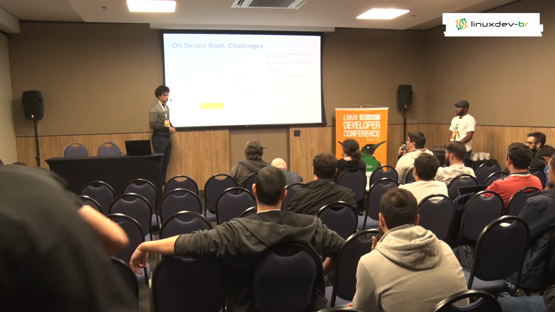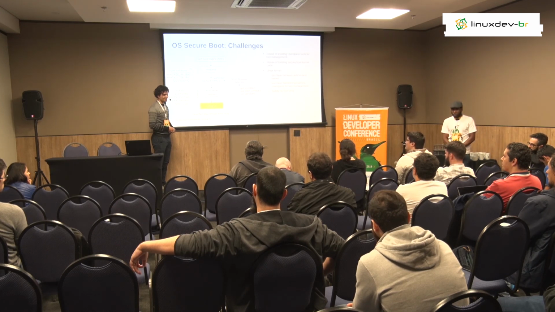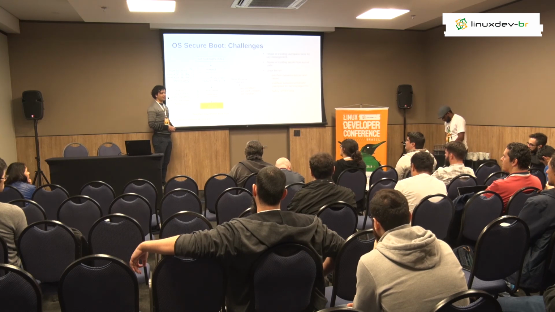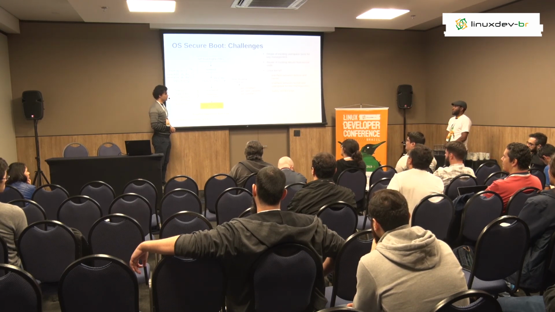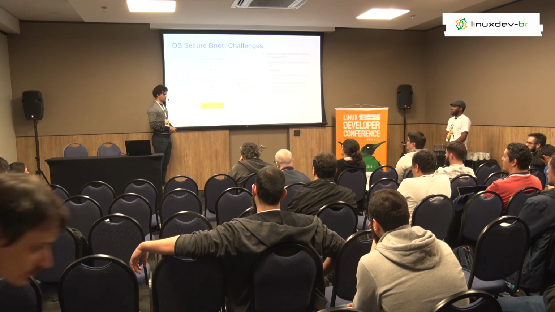When is some kernel added to the forbidden database, to DBX? That's a good point. As I said, the DBX is the blacklist, and blacklisting keys in the kernel in a safe way is still under discussion.